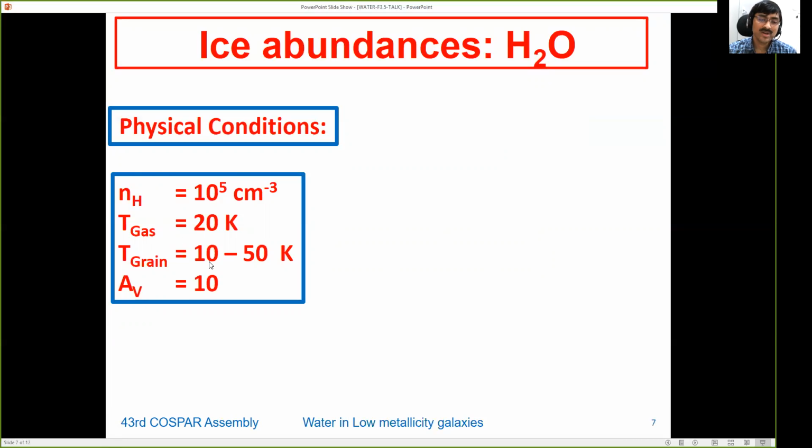However, when we searched for the dust temperature in the star forming regions of LMC and SMC, we found that there is a reasonably large variation. Since the dust temperature has a significant impact on the grain surface chemistry, we have used dust temperature as a parameter, varying it for the isothermal models from 10 to 50 Kelvin.